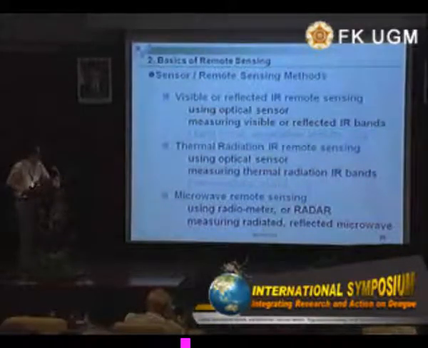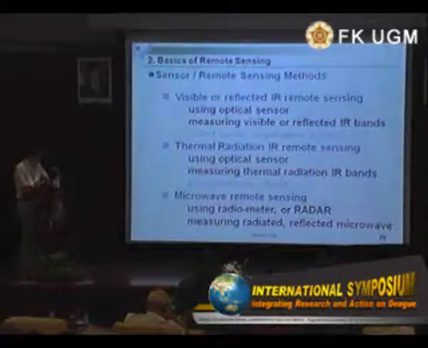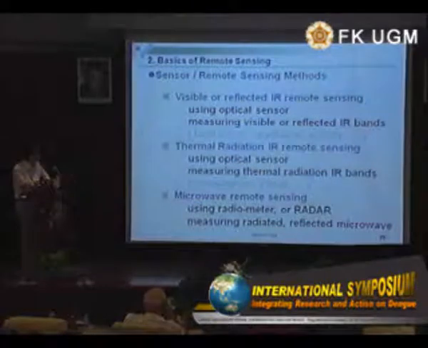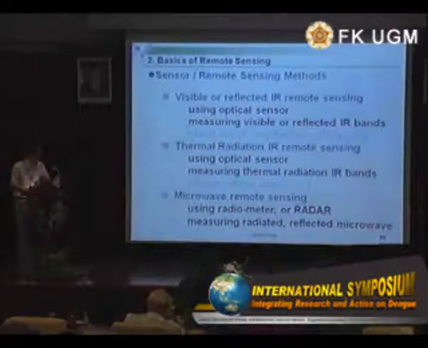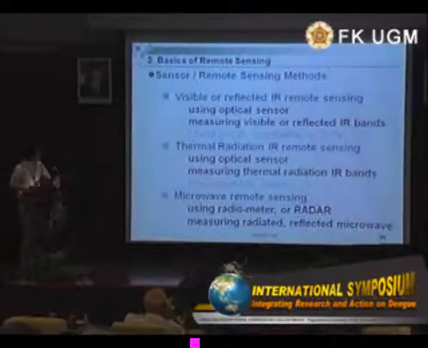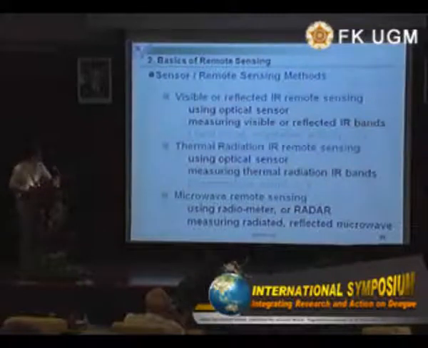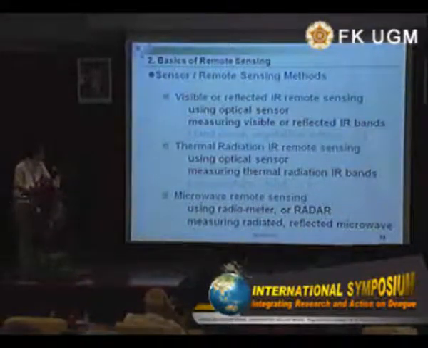This one has many sensors, so this combination can know soil condition and vegetation condition.